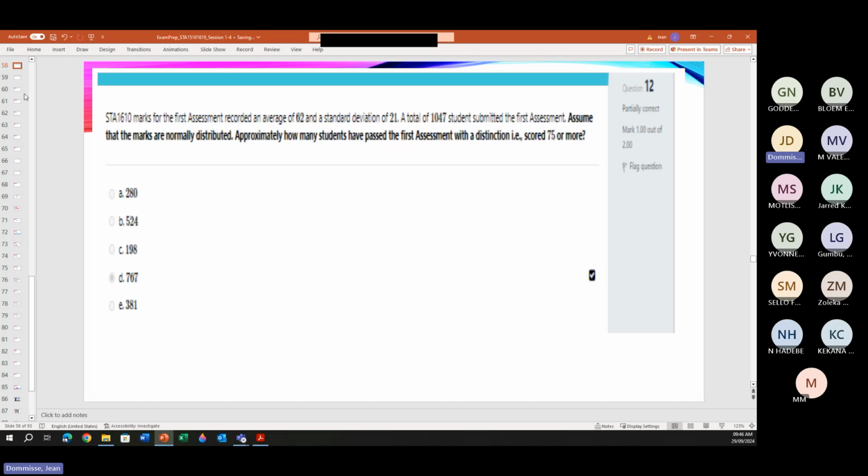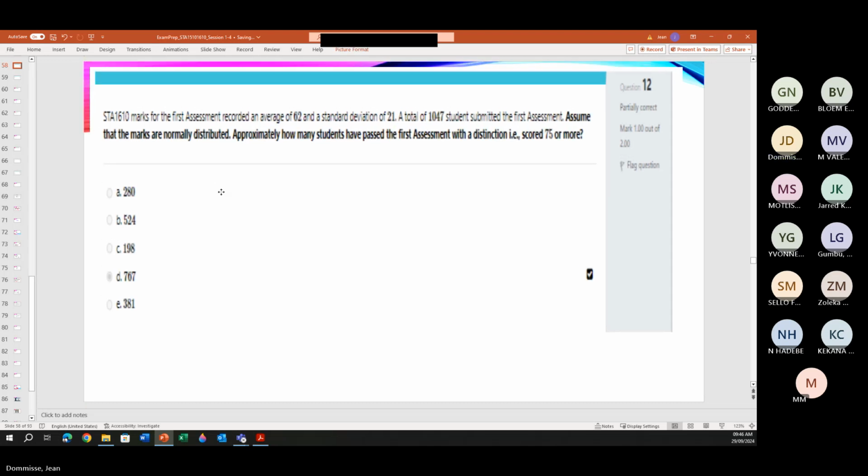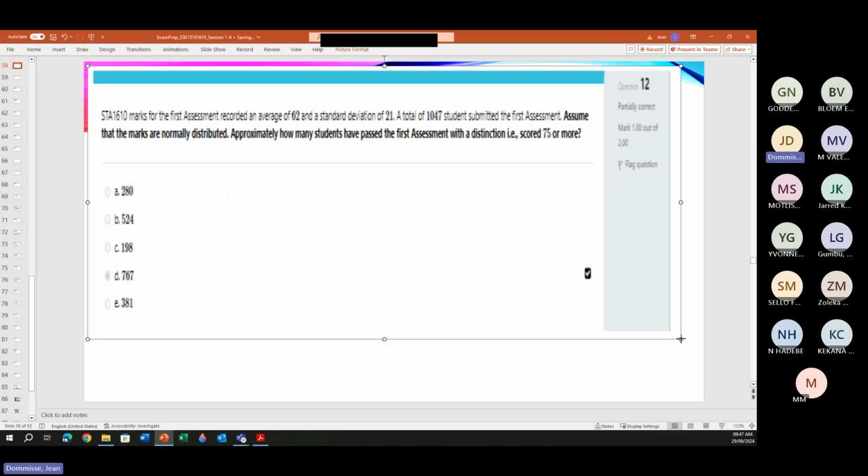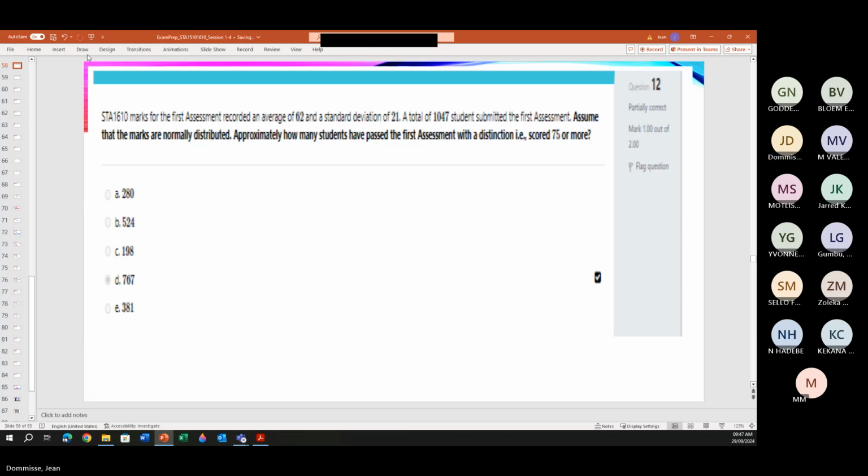Okay, so let's see. It is a bit blurry. I think it was last year or the year before, one of those assignments. So let's quickly check. 1610 marks for a first assessment recorded an average of 62. Here again we're going to nearly do the same as we did with the previous one.